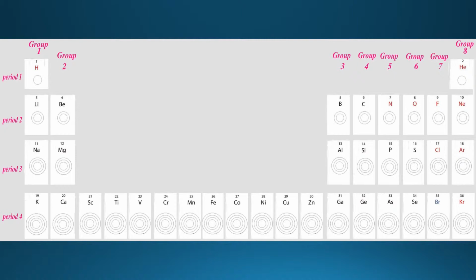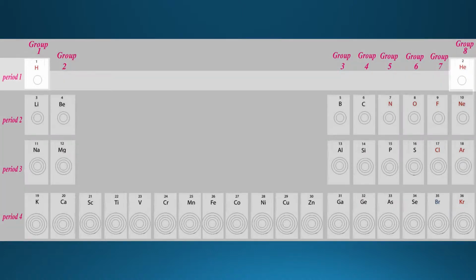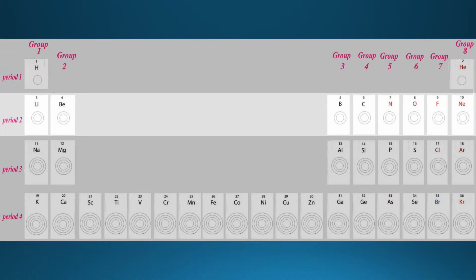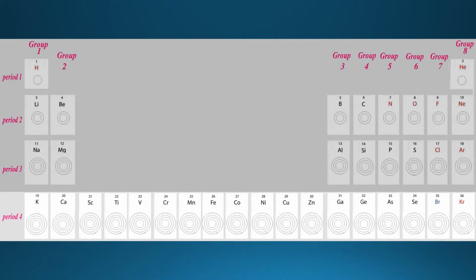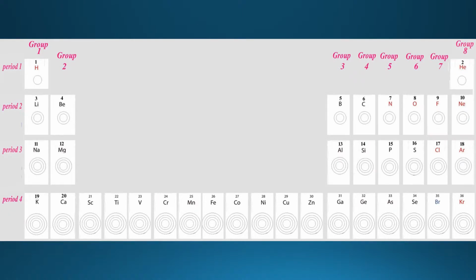Here you can see the shells drawn as circles. In period 1, you will have only 1 shell. Period 2, 2 shells. Period 3, 3 shells. Period 4, 4 shells.